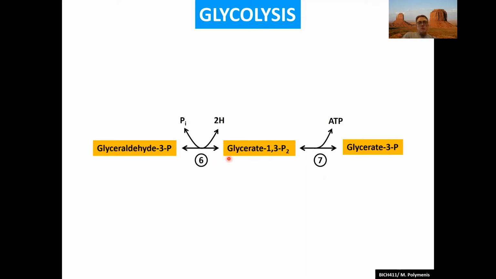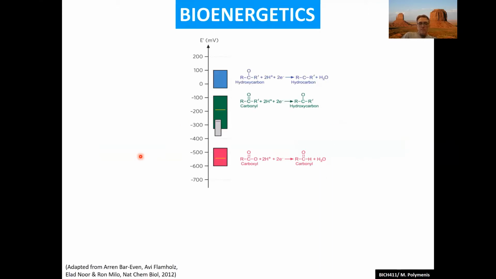All the compounds for the remainder of glycolysis, the lower part of glycolysis, will be 3 carbon units. So no more breaking down of anything.